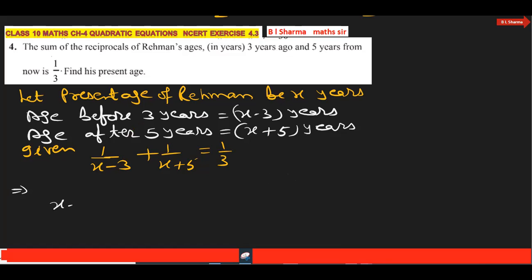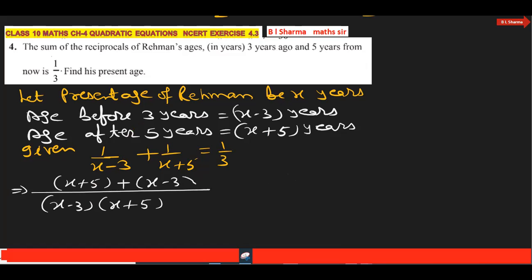So that is 1 upon x minus 3 plus 1 upon x plus 5, that is 1/3.